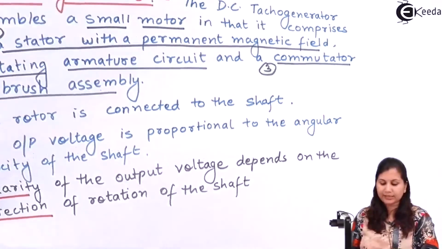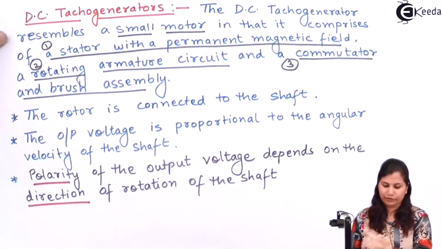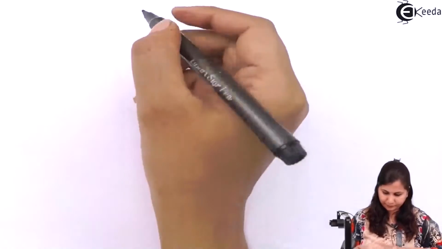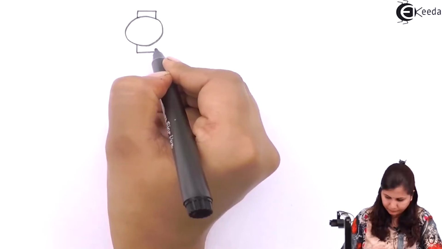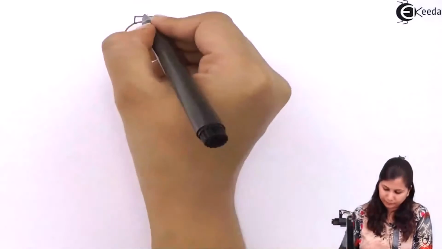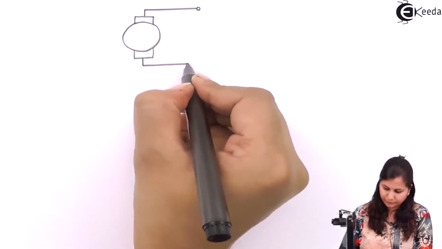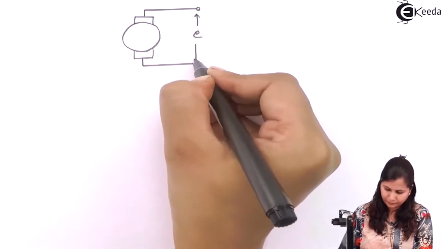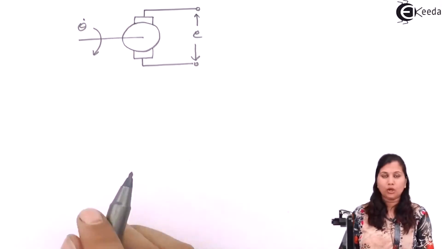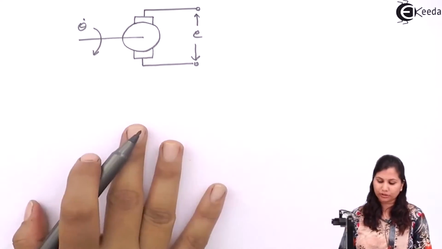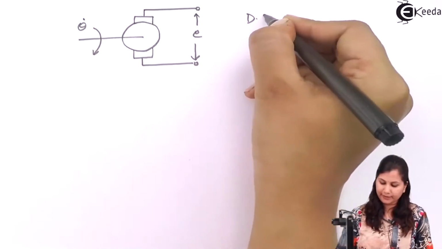Now let's see the circuit for the DC tacho generator. So this is the circuit for the DC tacho generators.